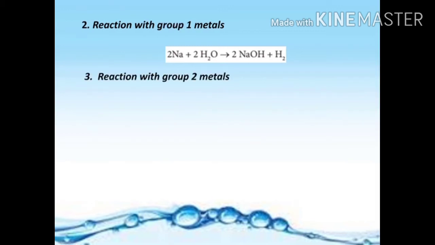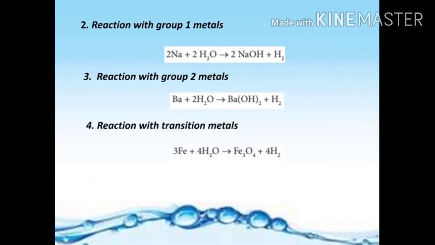Next chemical property, reaction with group 2 metals. Water reacts with group 2 metals except beryllium to produce hydrogen gas. For example, barium reacts with water to produce barium hydroxide and hydrogen gas. Reaction with nonmetals.